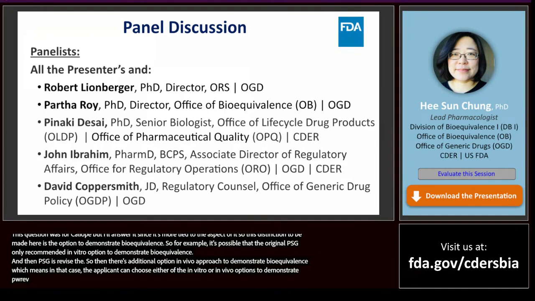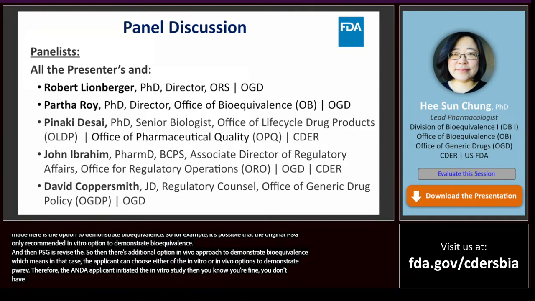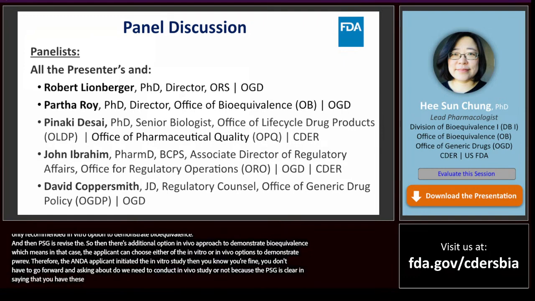Therefore, if the applicant initiates the in vitro study, then you're fine and you don't have to go forward and ask whether we need to conduct an in vivo study or not, because the PSG is clear in saying that you have these two options to demonstrate bioequivalence.